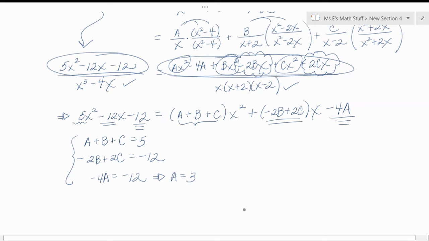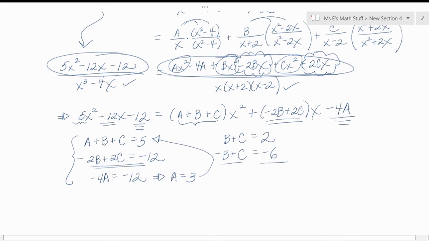And then you could take that into row 1 and put the 3 in, and subtracting that 3 over would give you that B plus C has to be 2. And then row 2, my friends, notice that with row 2, you could easily divide both sides by 2. And it would say negative B plus C has to be negative 6.